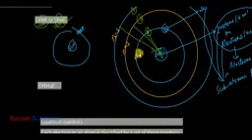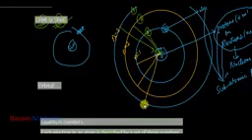So you see, as the n value increases from 1 to 2, from 2 to 3, the size also increases. When n is equal to 1, the size was this much. When n is equal to 2, the size is this much. When n is equal to 3, the size is this much. So the size of the atom is increasing as the n value increases. And we say that the energy also increases, right? Because energy of the second orbit is more than the first orbit. Energy of the third orbit is more than the second orbit.